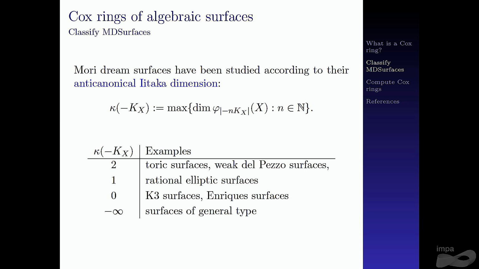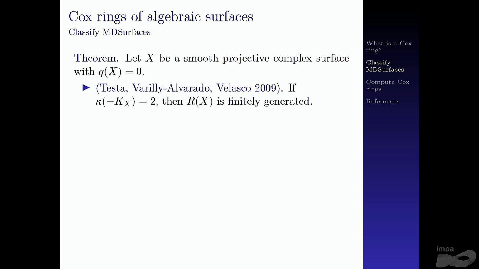Actually, let me show you a theorem which collects several results. If the anticanonical class is big, so this number is 2, then we know that the Cox ring is always finitely generated. This is a result by Testa, Várilly-Alvarado, and Velasco of 2009.